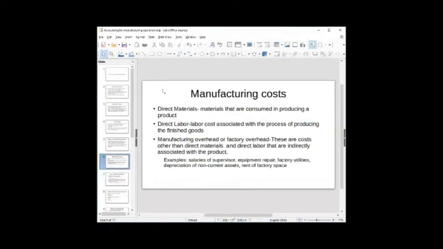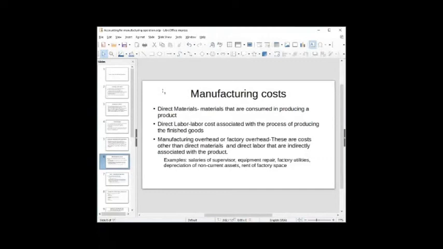We have different manufacturing costs. We have direct materials, the materials that are consumed in producing a product. For example, you are engaged in the manufacturing of bread. What will be your direct materials? These are the flour, the sugar, the leavening agent.